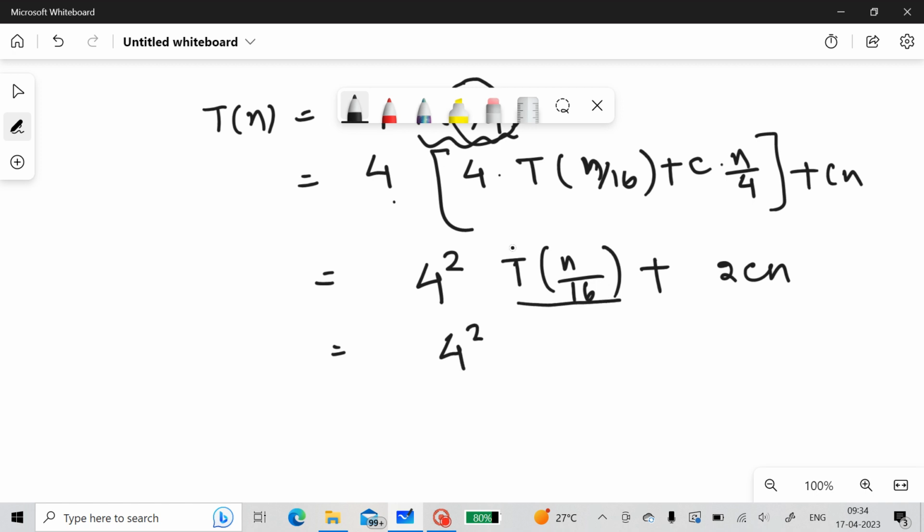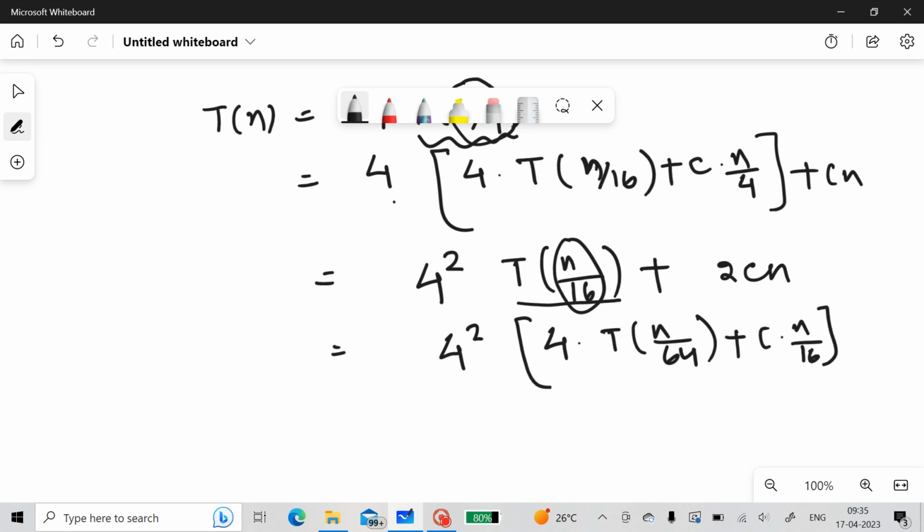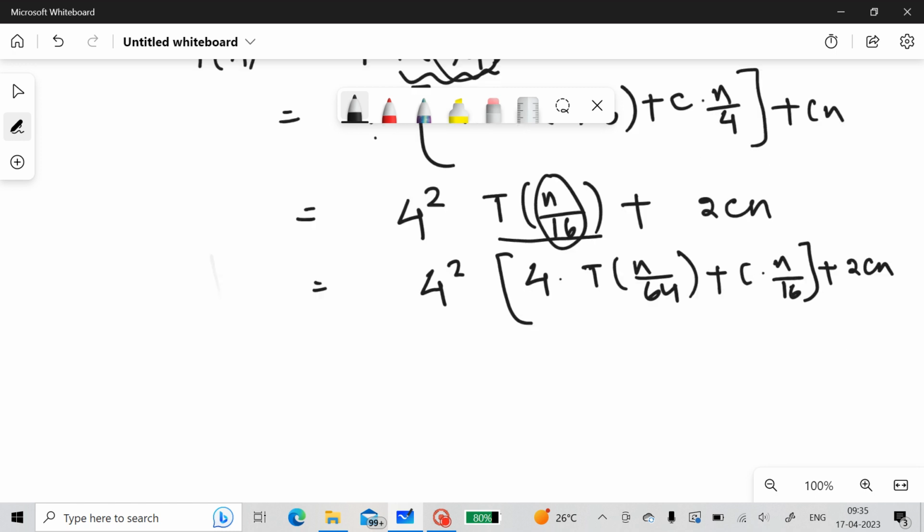If you split this subproblem again, it will be 4 times T of n over 64 plus c times n over 16, plus 2cn.